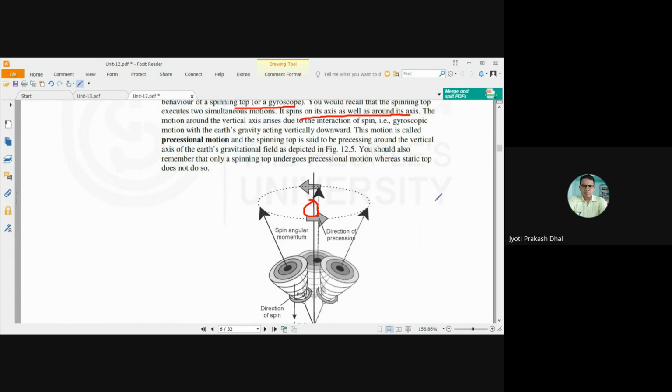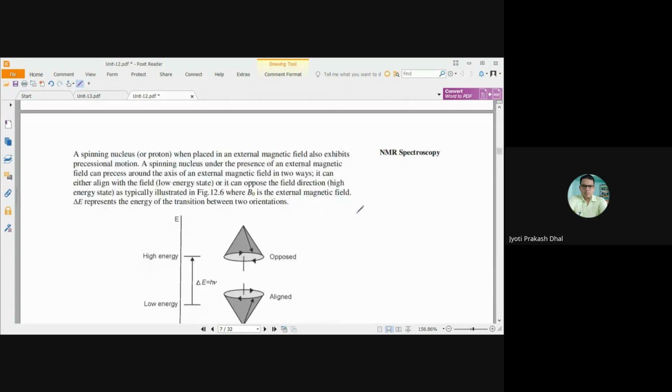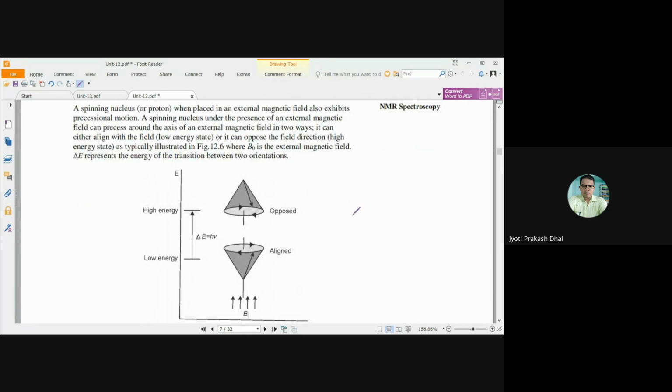The motion around the vertical axis arises due to the interaction of spin, that is the gyroscopic motion, with earth gravity acting vertically downward. This motion is called precessional motion, and the spinning top is said to be precessing around the vertical axis of the earth's gravitational field, as shown in this figure. A spinning nucleus or spinning proton, when placed in an external magnetic field, will also exhibit a precessional motion.